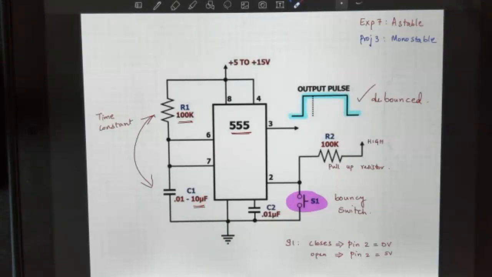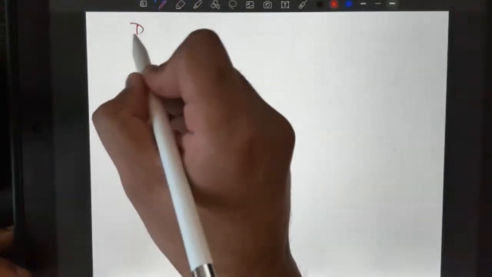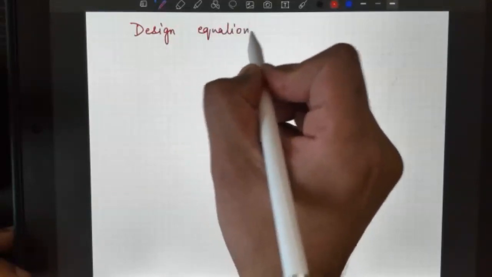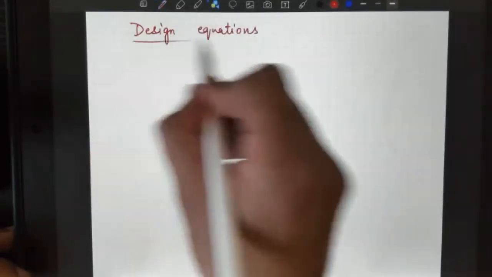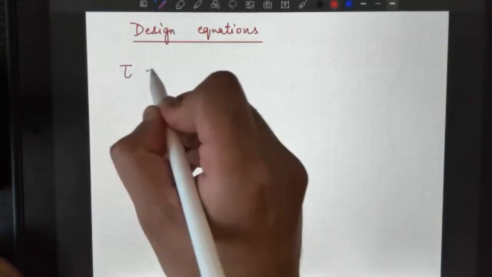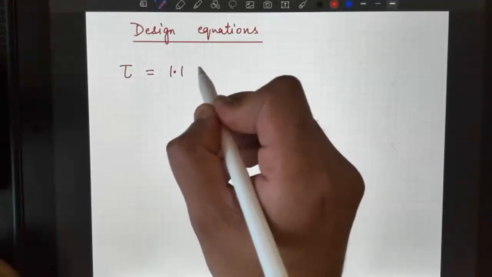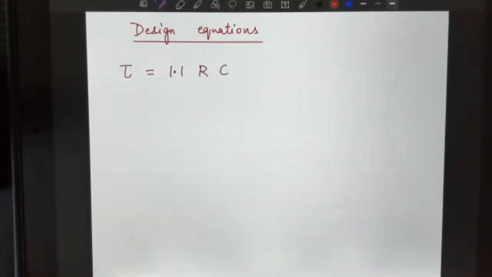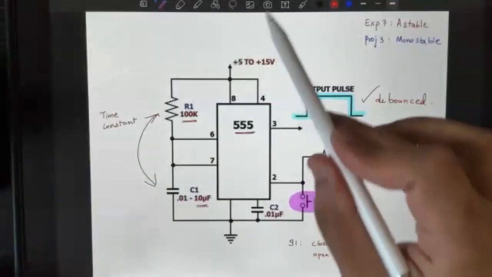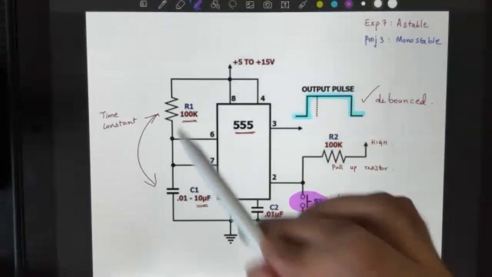So let's talk about the design equations that go into this, which is going to be essentially the most important aspect of project 3. It is a very simple design equation: tau is equal to 1.1 times RC. In our case, we have R1 and C1, those two that I'm going to highlight here.